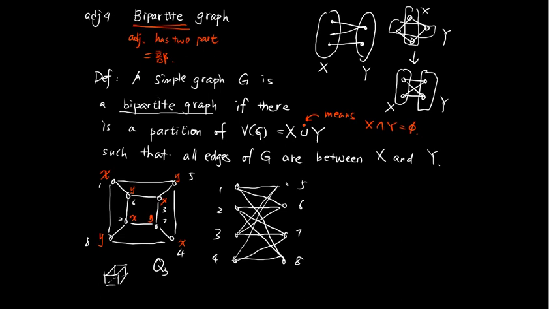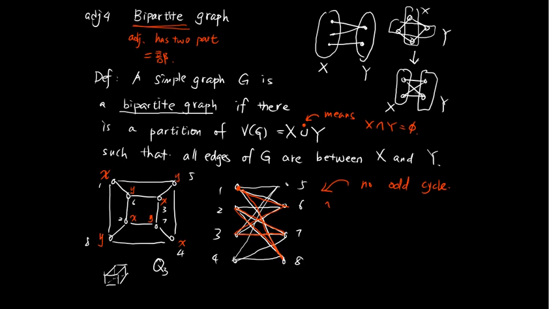But one more thing about the bipartite graph is that in a bipartite graph, there is no odd cycle. Okay, so for example, you can move from x to y, x, y, x, y, and come back to x, right?